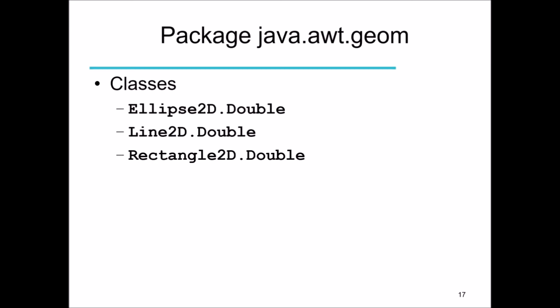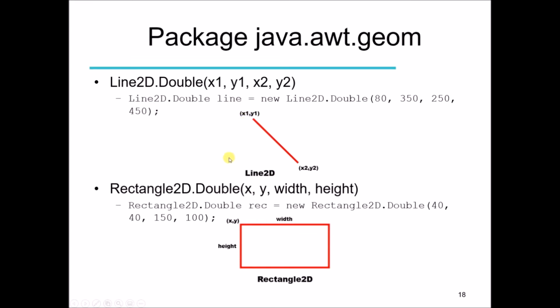So later on we can reuse the object, or we can change certain parameters of that object. Now we are going to discuss these classes: Ellipse2D.Double, Line2D.Double, Rectangle2D.Double, and these classes take parameters of type double. So let's discuss these classes.